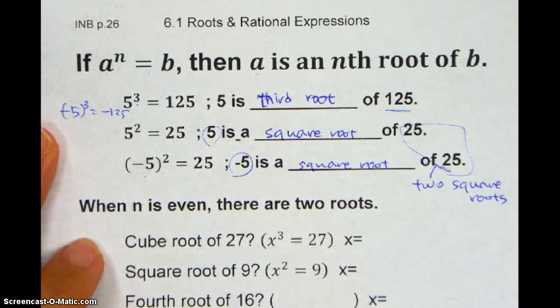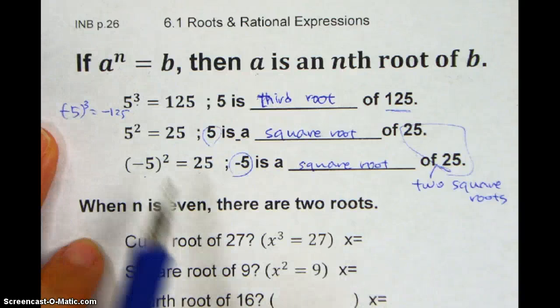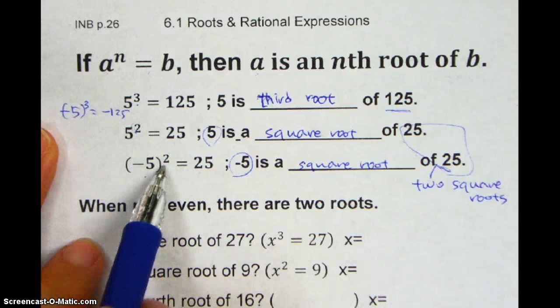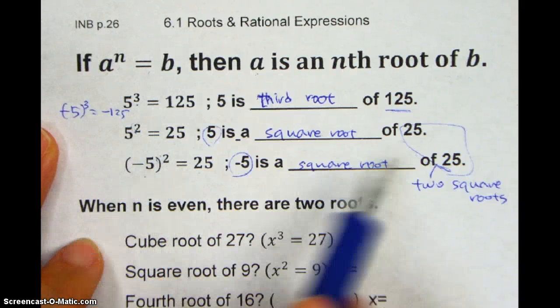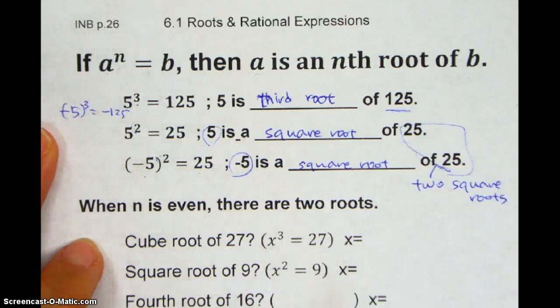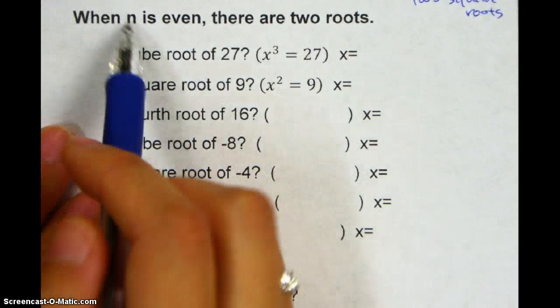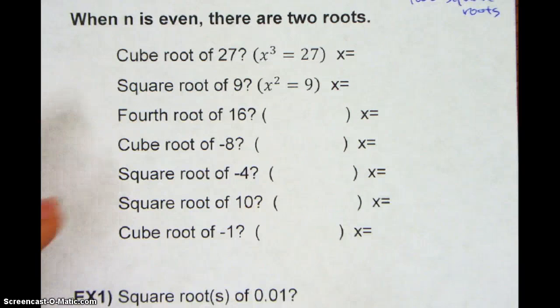So we know that for even roots, if you have an even number of power, then you always have two nth roots. So let's look at other examples. When n is even, then there are two roots.